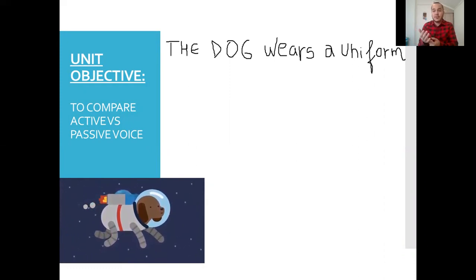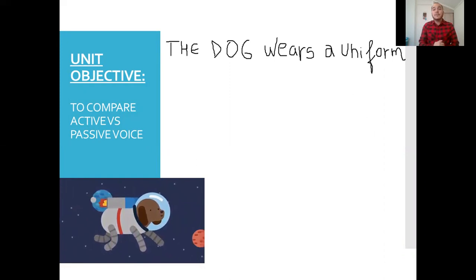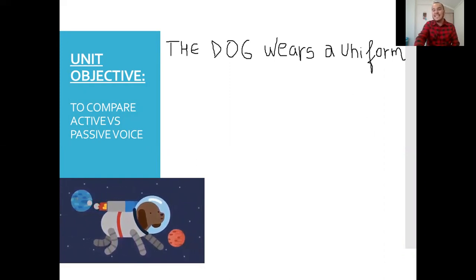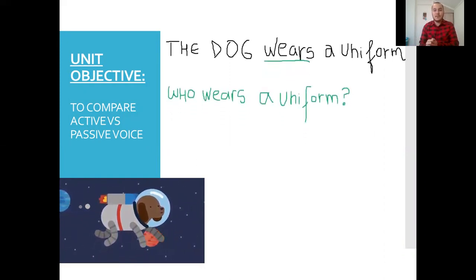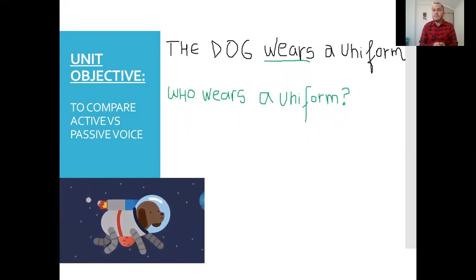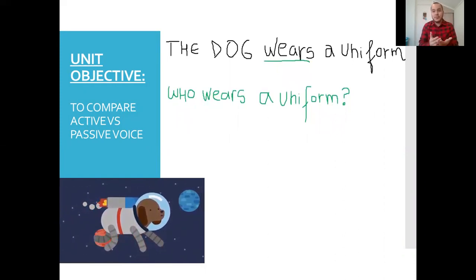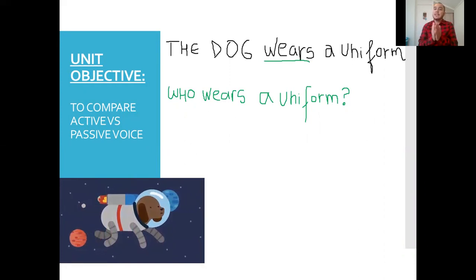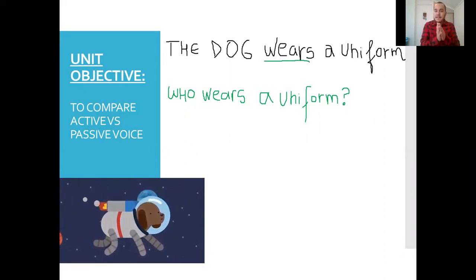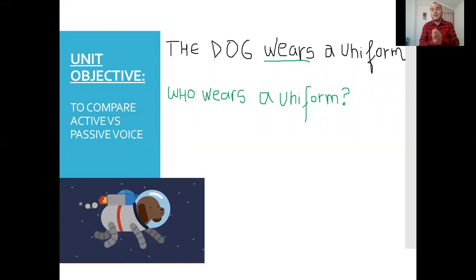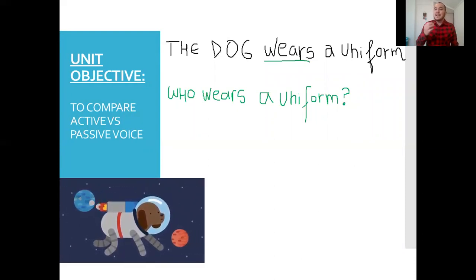I got a question for you, and it is a little bit obvious. Who wears a uniform? Is it the dog, the animal? And the question is, is this dog active or passive? That's a very interesting question.